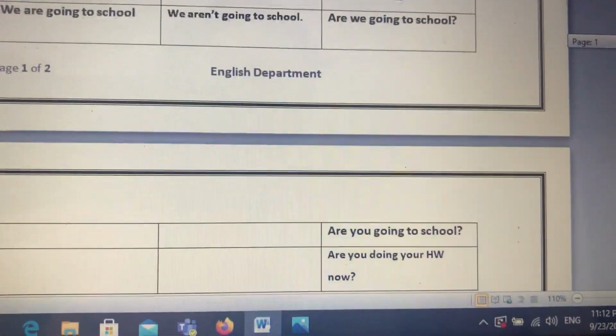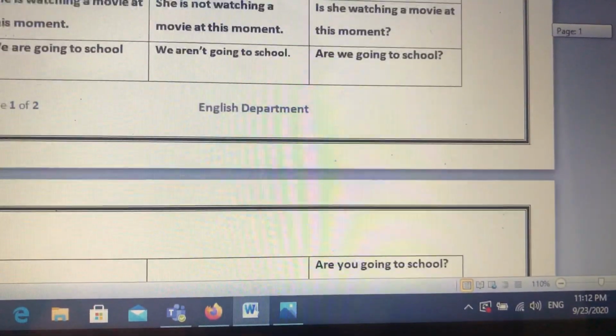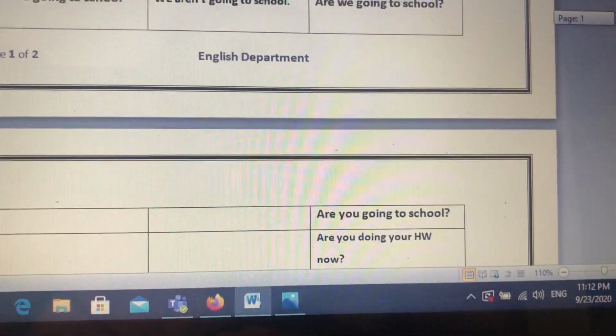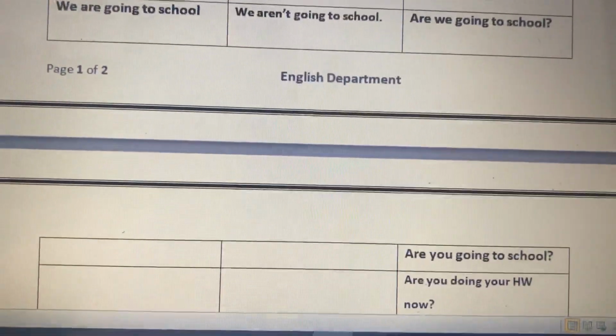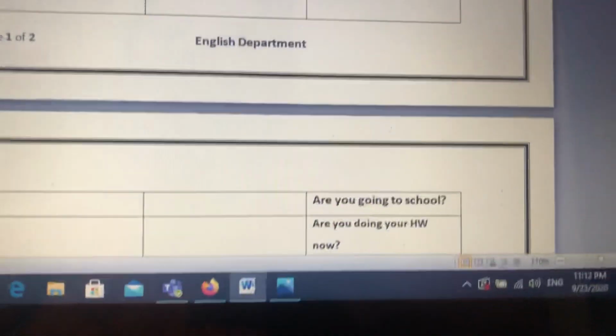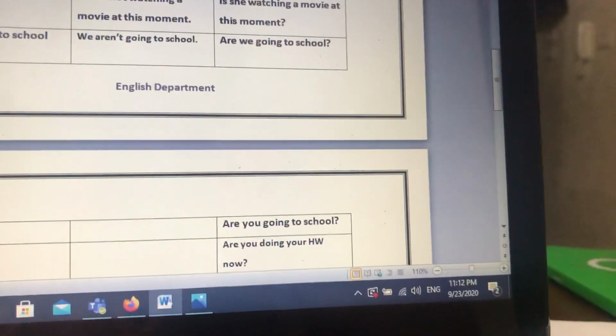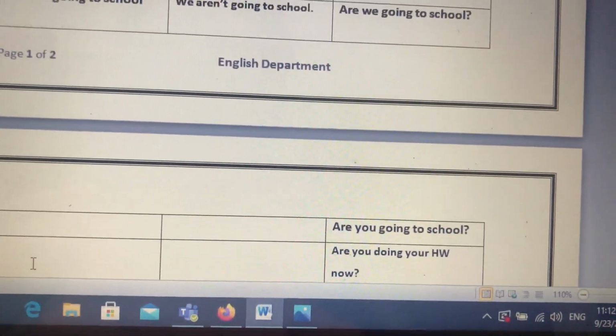And the last sentence that we have, are you doing your homework now? In the negative form, let's see, where's the mouse? Okay, here it is. Are you doing your homework now?